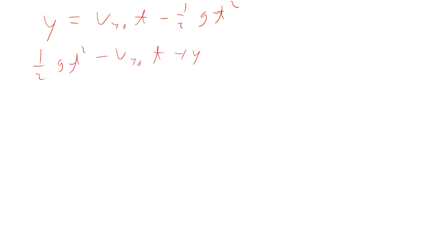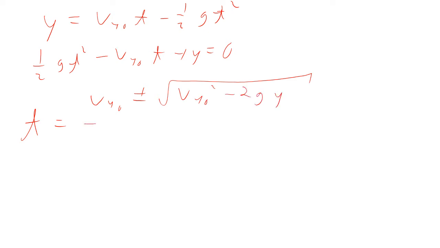So, the y equation now looks like Vy naught t minus 1/2 g t squared. If I say up is positive, then g is going to be negative. So 1/2 g t squared minus Vy naught t plus y equals 0. Okay, so quadratic equation. So t is going to be Vy naught plus or minus the square root of Vy naught squared minus 2gy, divided by g.